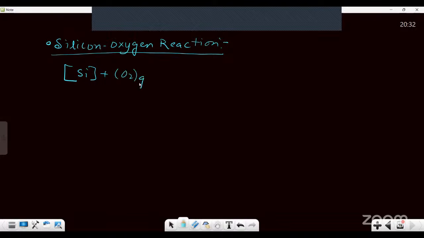So O2 gas, I can say, is getting converted to SiO and it is going into the slag phase. This is basically a gas metal reaction.